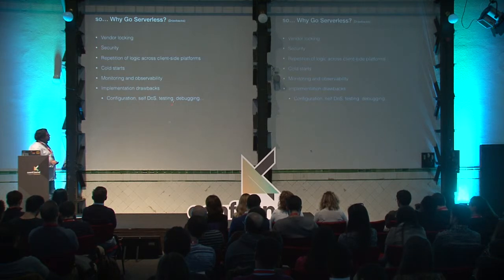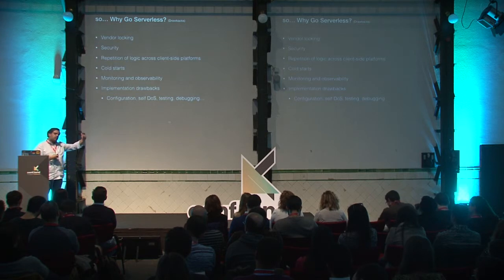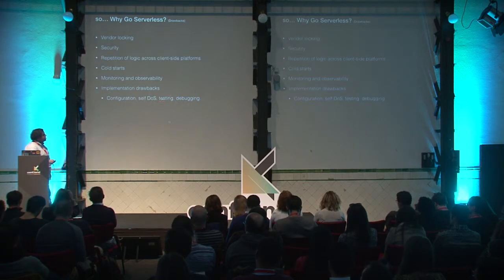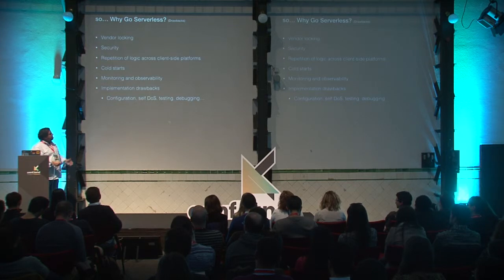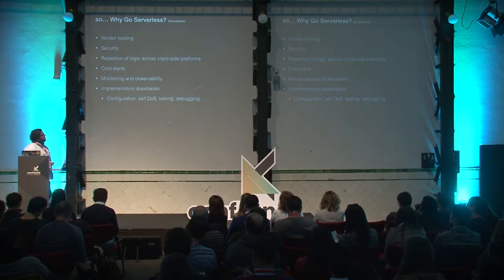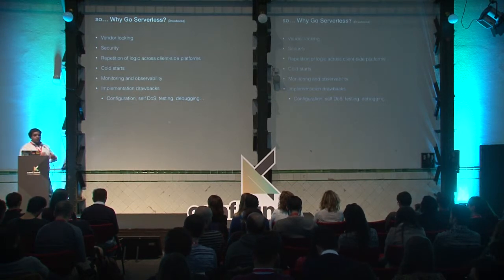These two are intertwined, meaning if you have an account on a vendor, usually you have a limit of invocations that you can make. If you're doing load testing, you can reach that limit very fast, and then your production site gets DOS'd because you reached the limit of invocations. And debugging is not that easy either, mainly because you're dependent on third parties.